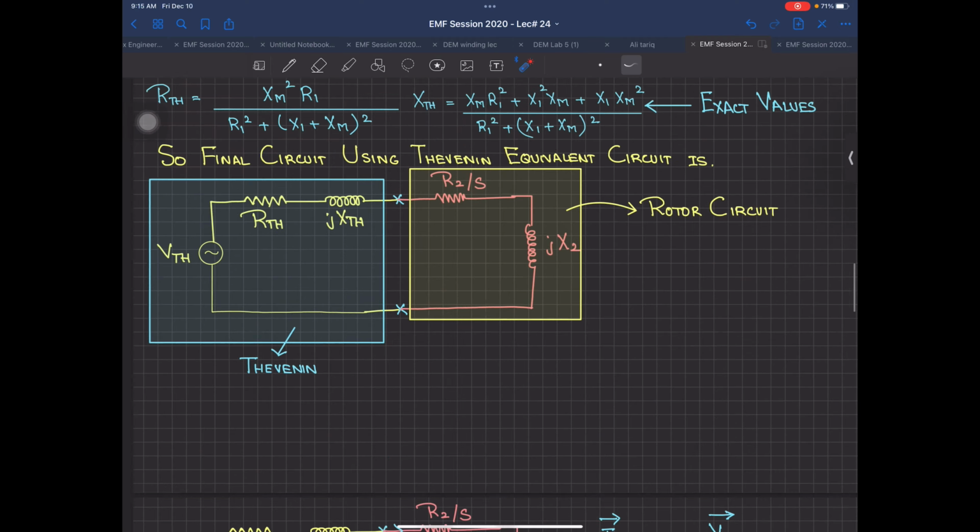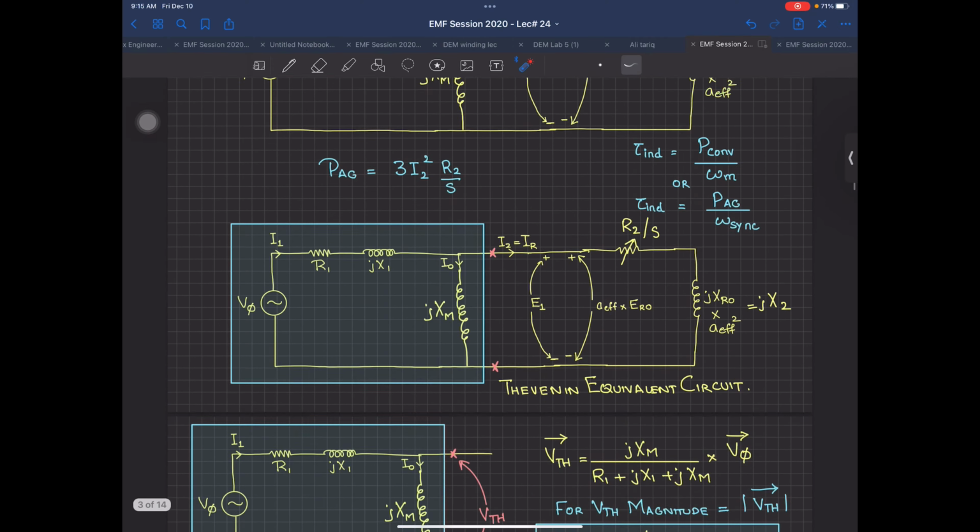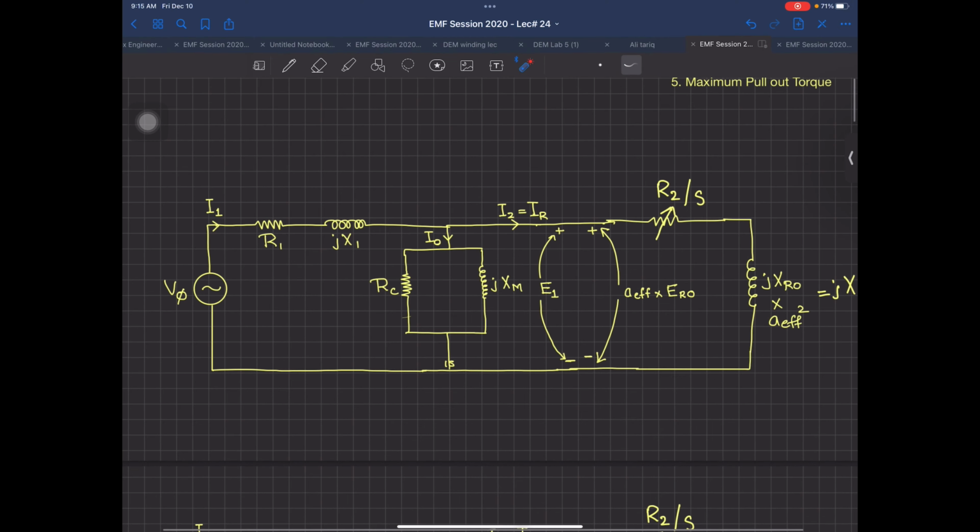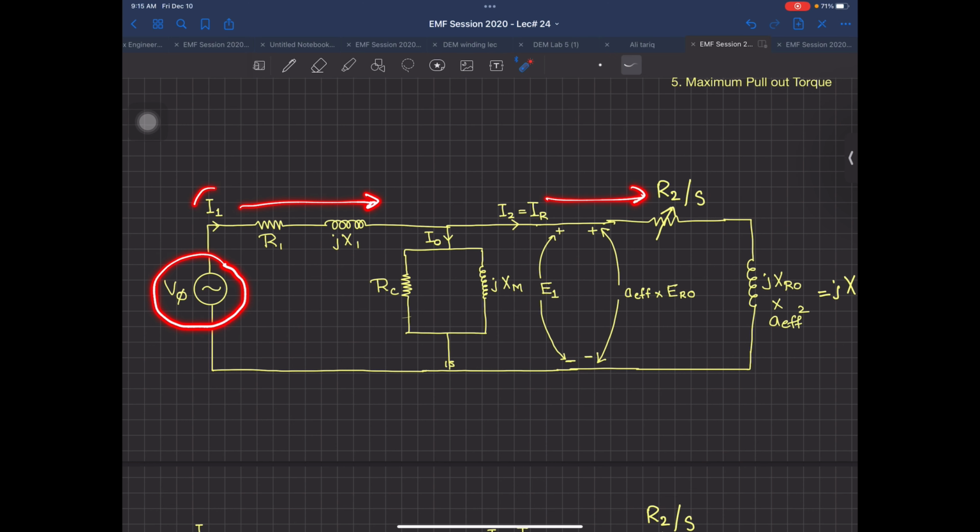If I go back to the original equivalent circuit which we started from, when you change this V phase, your current is certainly also going to change. This current is dependent upon that current because there is a current division rule taking place. And since you have changed V phase, your RC and JXM currents will be smaller.